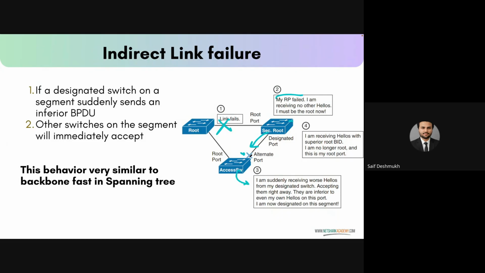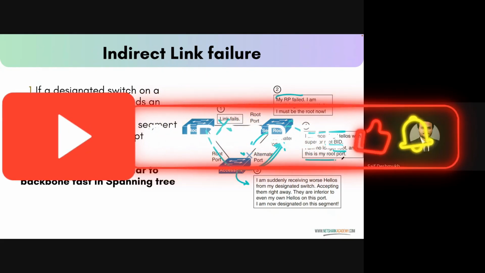The switch that has a blocked port says, hey, I'm suddenly receiving inferior, worse hellos from my designated port, from my port that is supposed to be blocked. I'm immediately going to put the interface into forwarding. And I will start sending the BPDU that I have a better BPDU, and the switch says, hey, I'm receiving hellos with a superior root bridge ID. I'm no longer root, and this is my root port now.